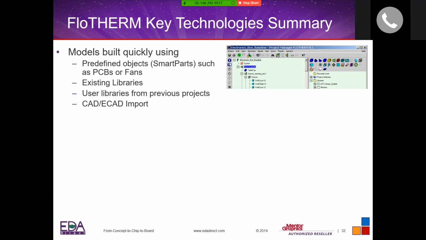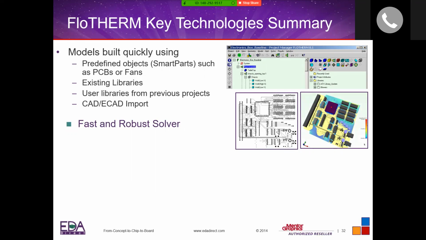Number two, there are libraries of standard components out there: fan structures, cooling, heat pipes. Bring them in, be able to model those. Mechanical import as well as PCB file import. Okay, so those are the main things.